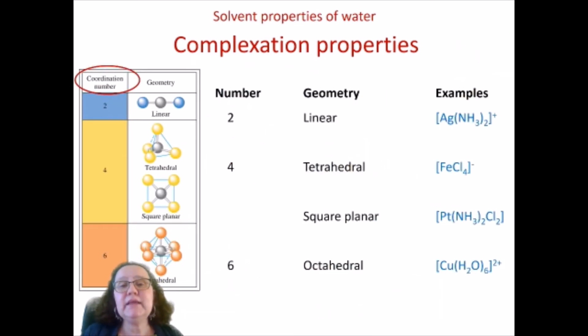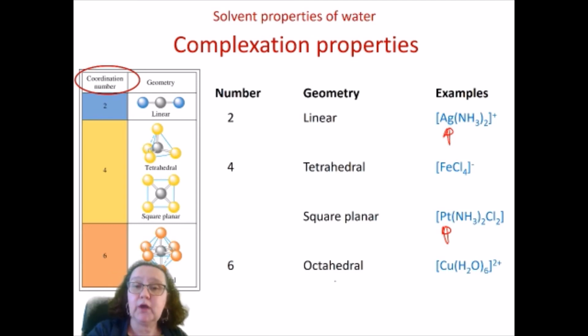And how many ligands are you going to get? Well, it depends on the metal. We call that the coordination number, which is how many ligands you're going to have surrounding your metal ion. You have metals like silver with 1 positive charge, which accepts only 2 ligands, or metal ions like platinum that form a square planar, which accepts 4 ligands in a square shape.